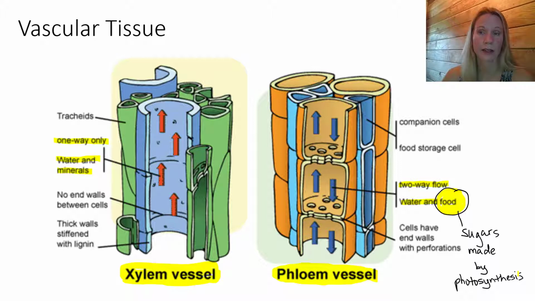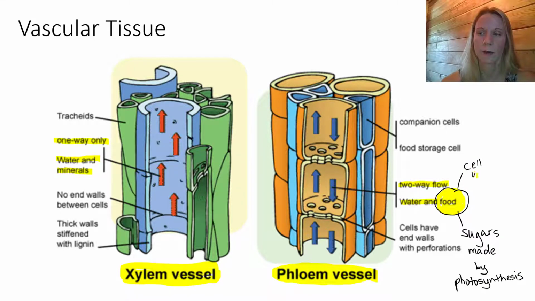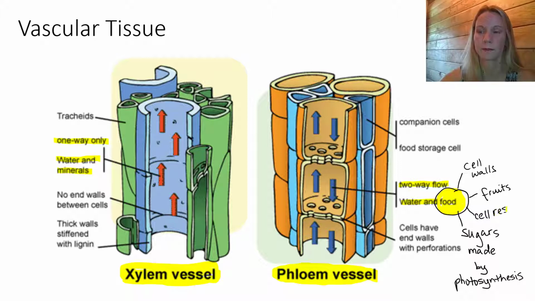So recall, plants use sugars from photosynthesis to build their cell walls, to make their fruits, and to perform cell respiration.